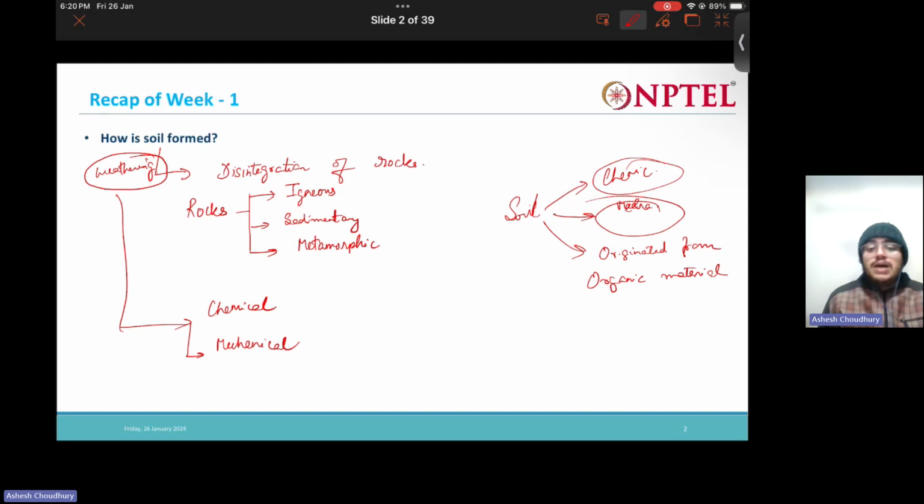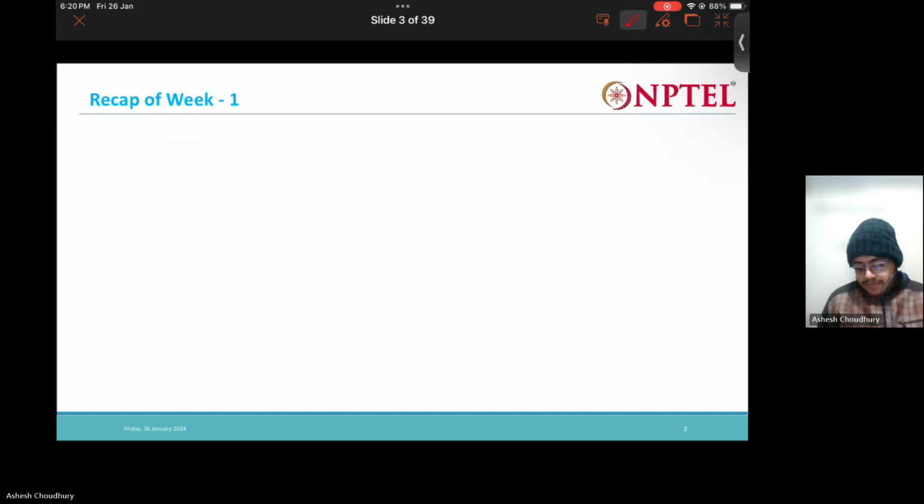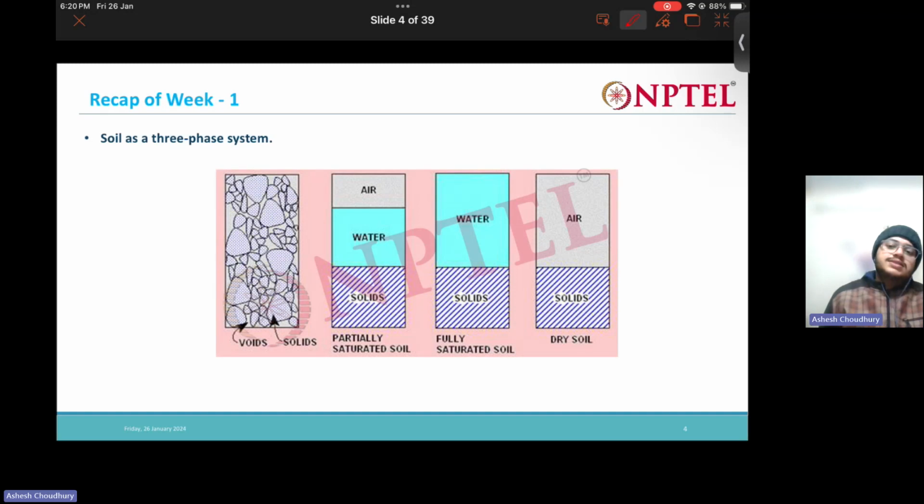Now let us come to the main basics of soil mechanics. Okay, so first we start with the soil as a three-phase system. All right, so we start with this.